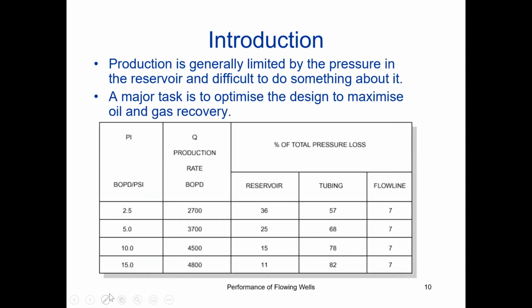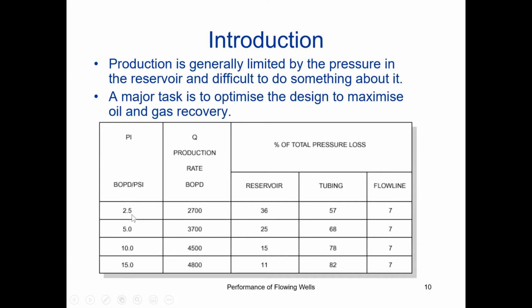So the pressure in the reservoir and the system, this is the production PI, productivity index. And you see that a lot of the pressure loss depends on productivity index.